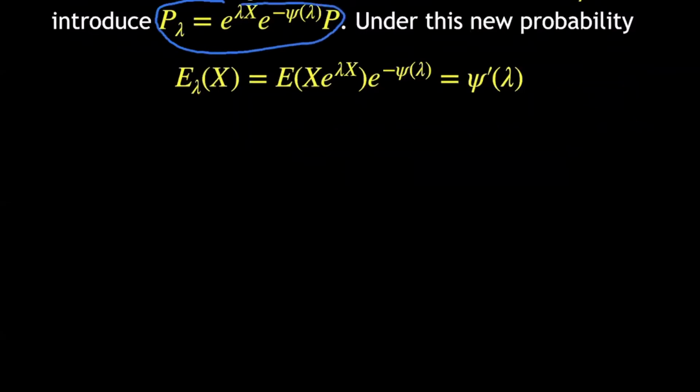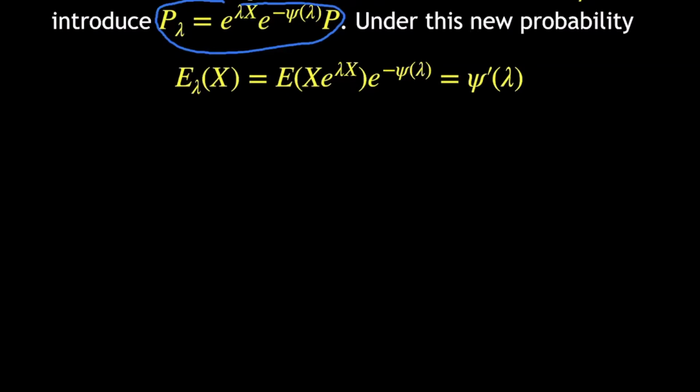That is, you multiply the probability P by some exponential quantity, which is exponential of lambda x, where x is a variable, times the exponential of minus psi of lambda, of course, in order to get a density, so that this quantity has an integral against P which is equal to 1, okay?